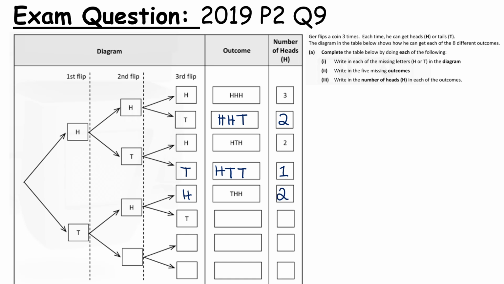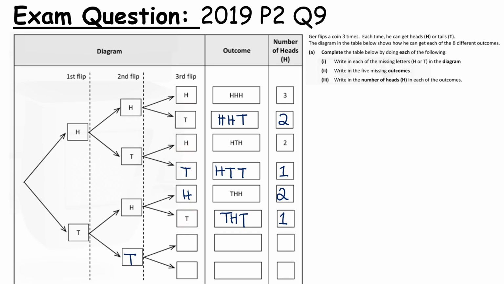So then we have tails, heads, tails. So what goes in here is THT, and that gives us one head. And then this one's the trickiest one to fill in. We have tails and then blank. Here we've heads, so this one must be tails. And then how the third flip has gone in each, it goes heads, tails, heads, tails, heads, tails.